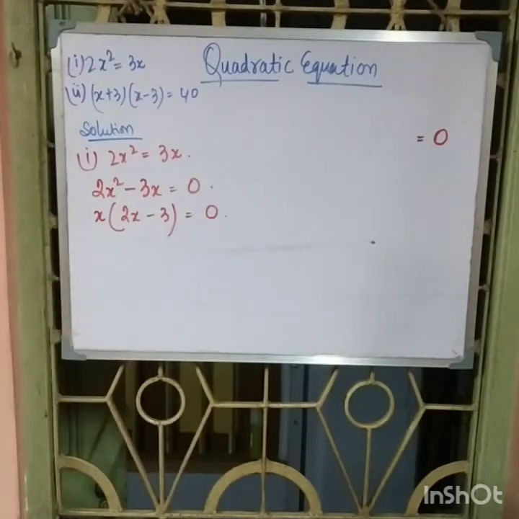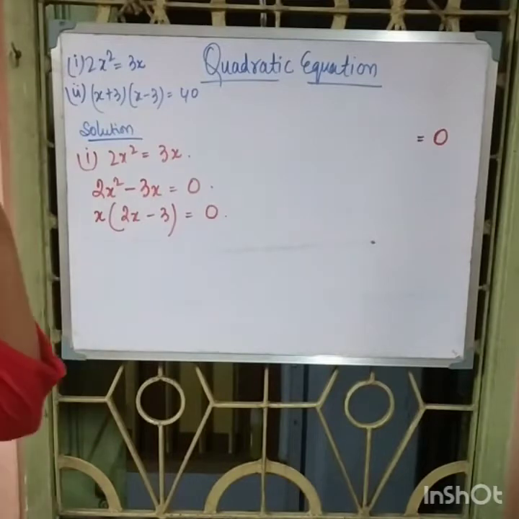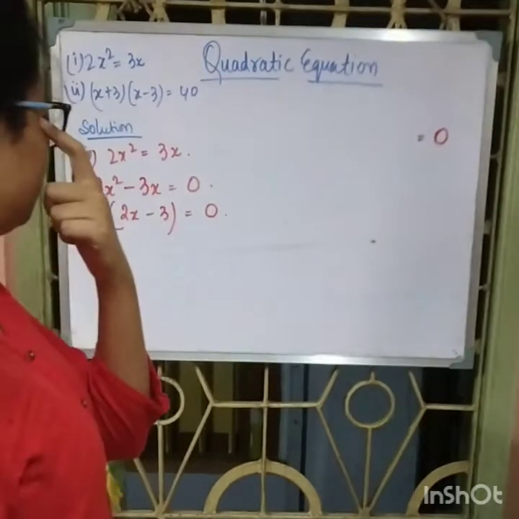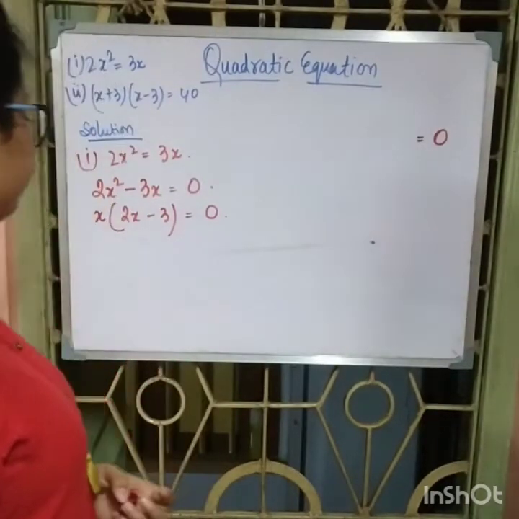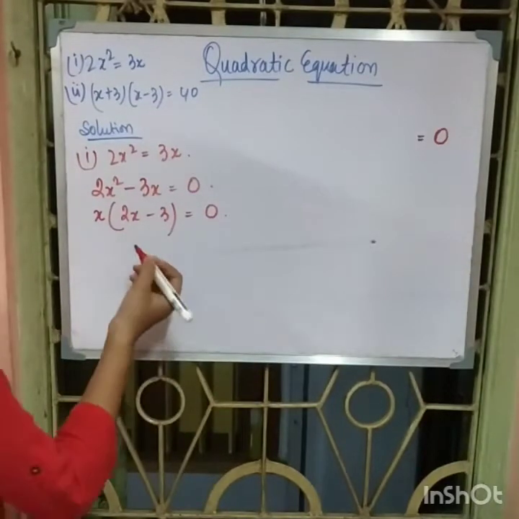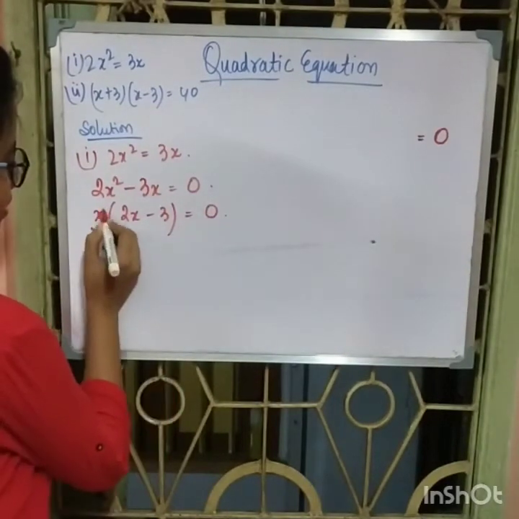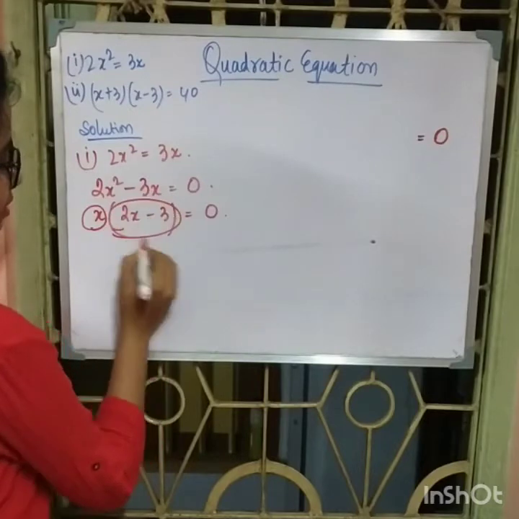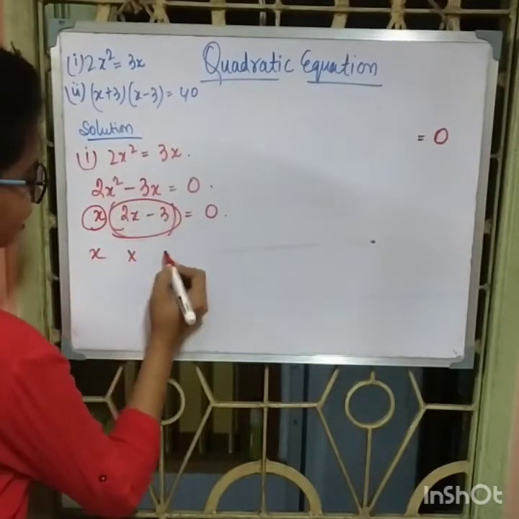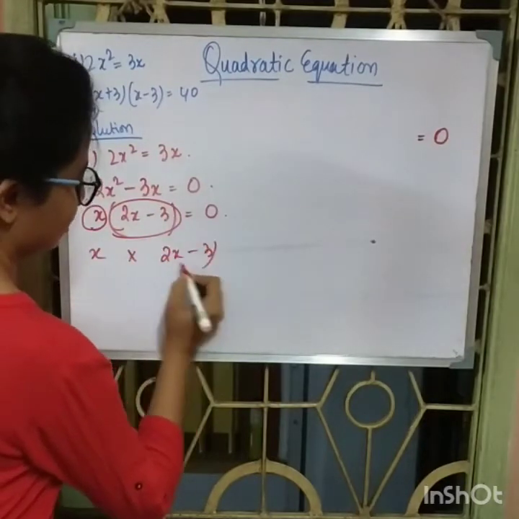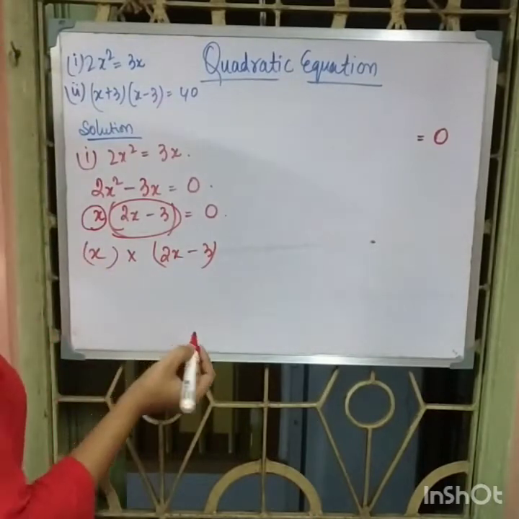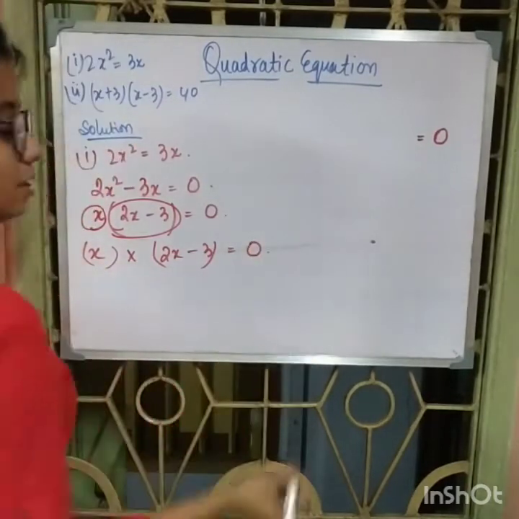See, here again the zero product rule will come into application. So what we can see here is this is a number and this is another number. These two numbers are getting multiplied and the answer will be 0.